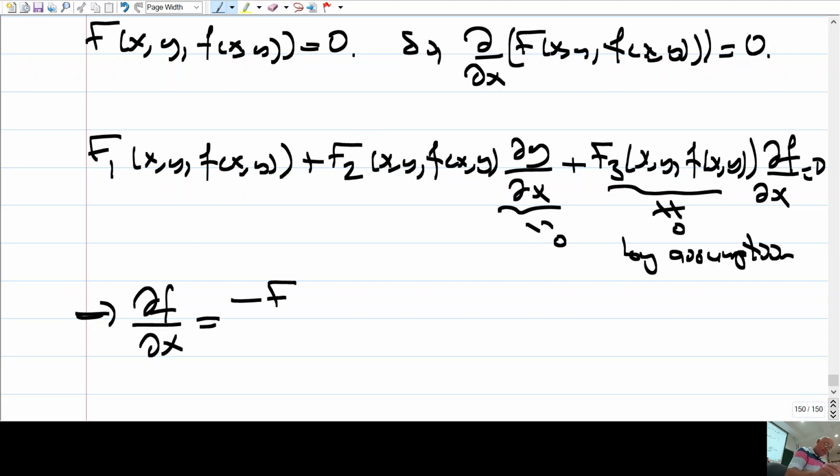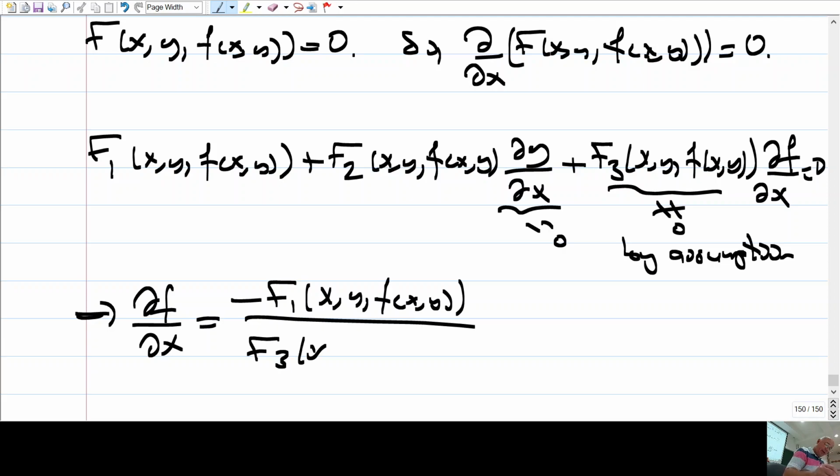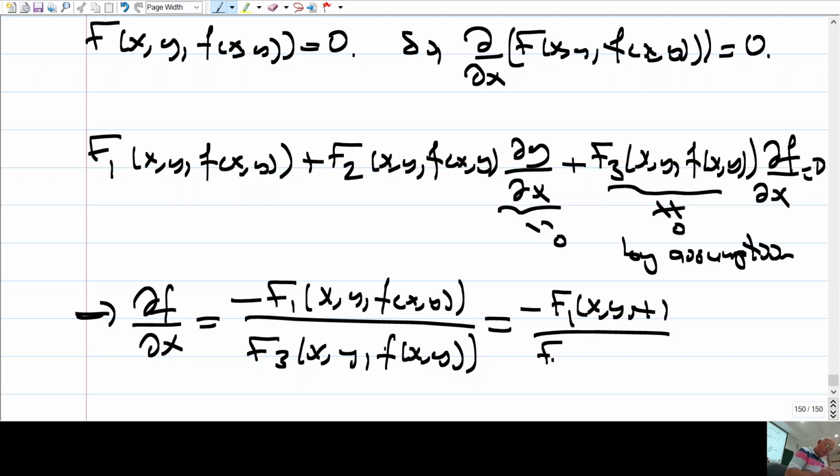I have just f sub 1 minus f sub 1 xy f of xy divided by f sub 3 xy f of xy. Or I can just write it this way: f sub 1 xyz over f sub 3 xyz.